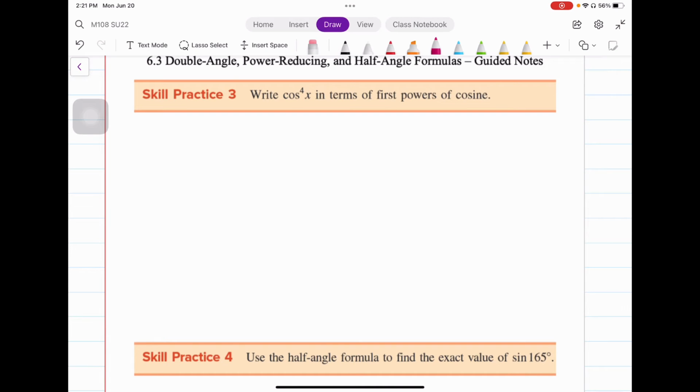Now we want to reduce powers. So we want to take cosine down all the way in terms of a single first power cosine. Remember that the cosine squared of x is equal to 1 plus cosine 2x over 2.